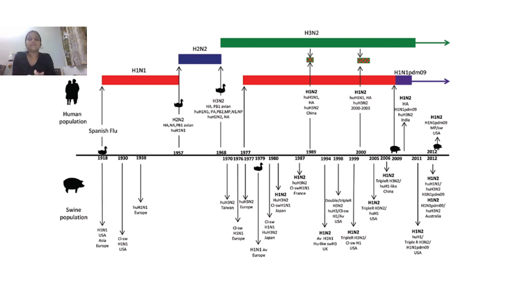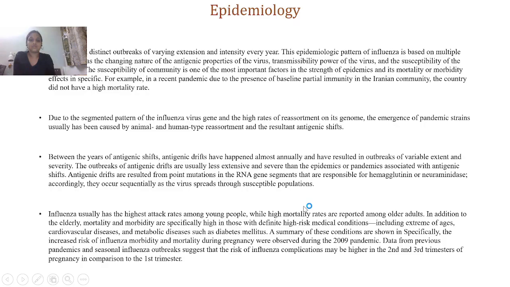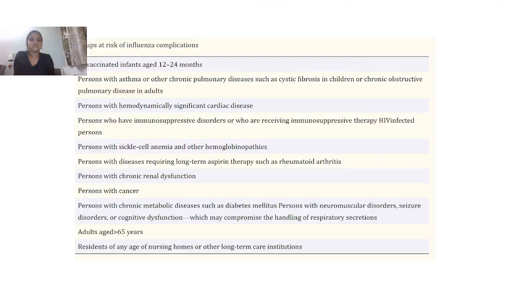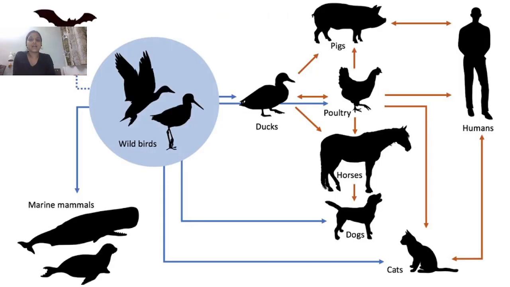So here you can see the timeline of this influenza virus. This influenza virus can be transmitted through many animals. It is not that only humans can transmit this virus from one human to another.